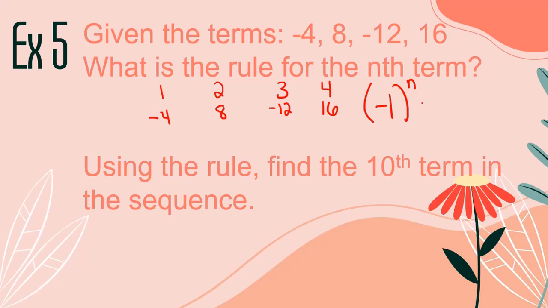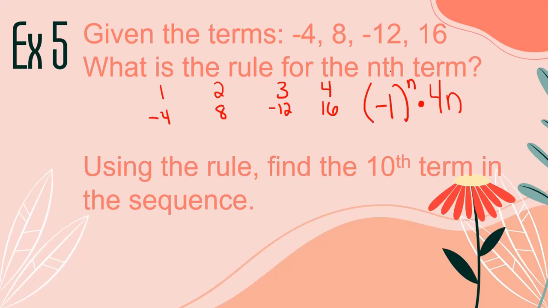So we'll go times 4n. So I plug in 1, we get a -4. If I plug in a 2, well, we would get +8. That's right.